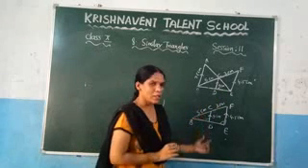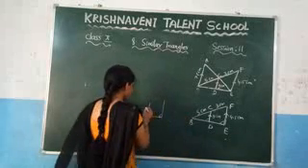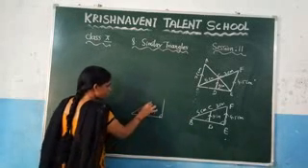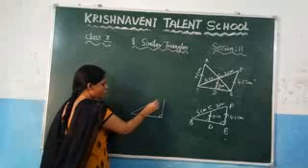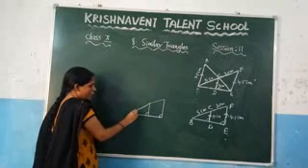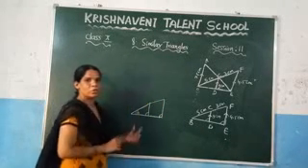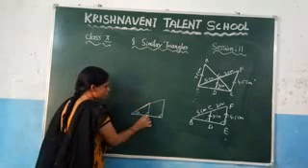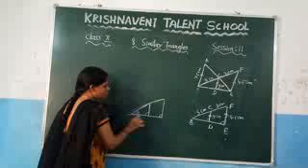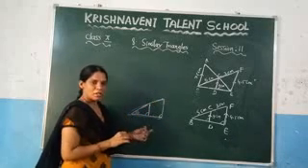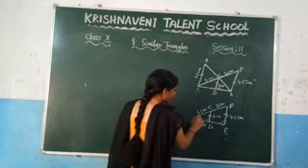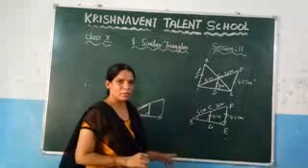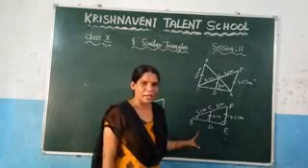Similarly, if you consider the smaller triangle BDC and the bigger triangle, angle B is the common angle to both of these triangles, right? So you can say that angle B is equal to angle B. Why? Because it is the common angle.